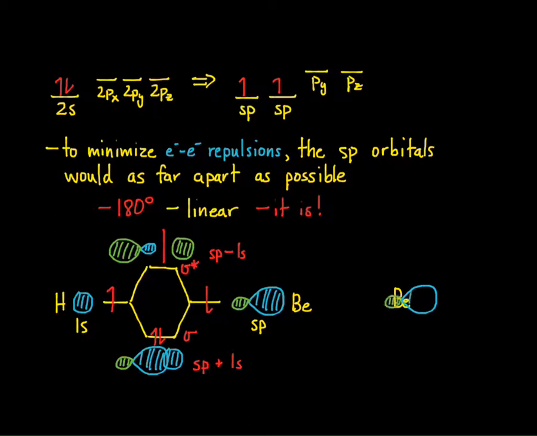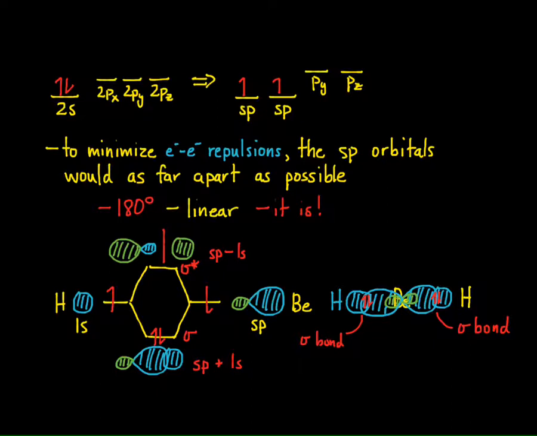So looking at the entire structure, we know beryllium has an sp orbital that bonds with the 1s orbital of hydrogen. It has another sp orbital that combines with the 1s orbital of another hydrogen. And there are 2 electrons that reside in each orbital. That is what we call a cylindrical bond, and a cylindrical bond is what is referred to as a sigma bond.